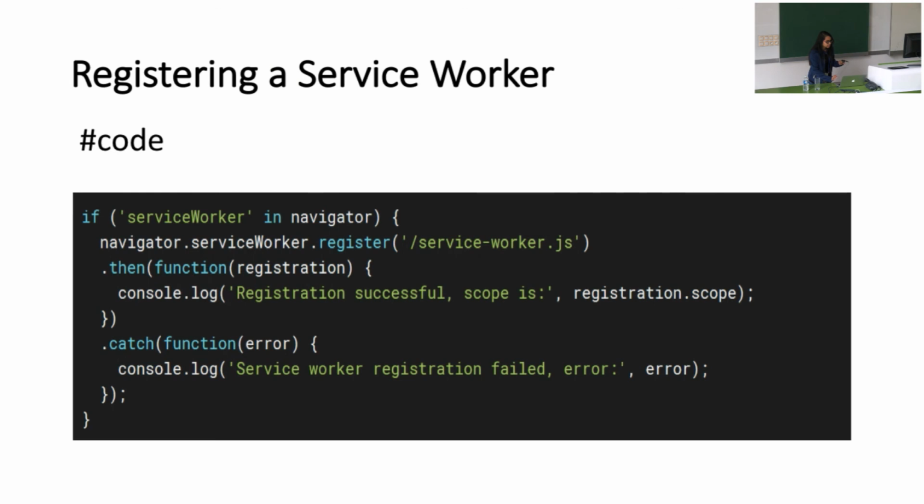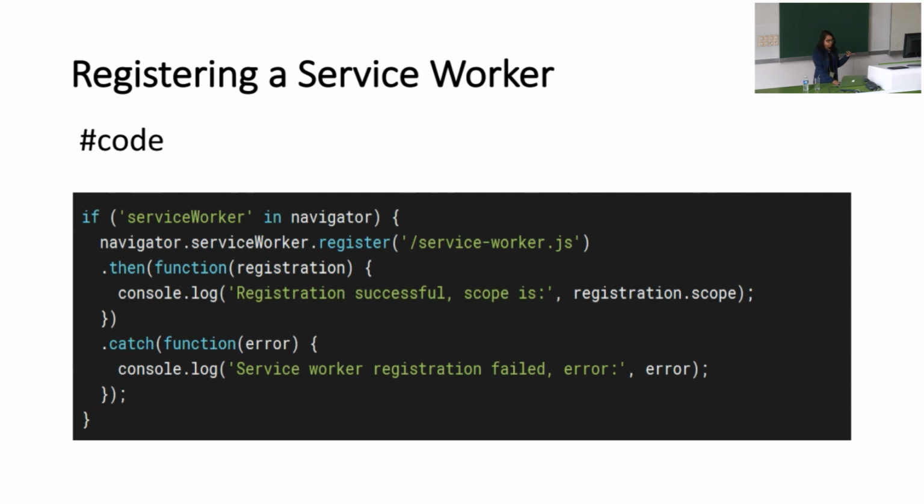So let's look at how it's done. Starting with the registration of a service worker, we start by checking if the service worker is supported in your browser. Next, we register it with serviceWorker.register, which returns a promise that resolves once the service worker is successfully registered.